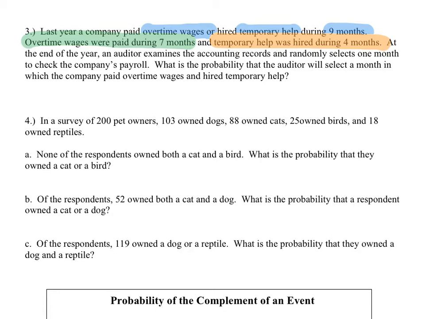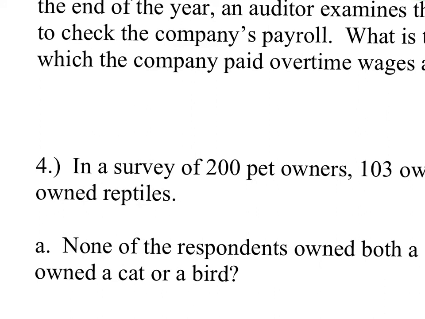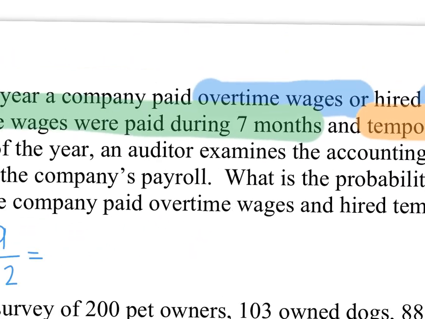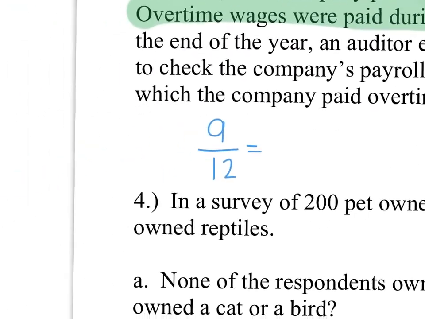So overtime or temporary help, they said, was a total together of 9 months. So the overtime and temporary is 9 out of 12. And that's going to be equal to the temporary help plus the overtime. So overtime was 7 and temporary was 4.